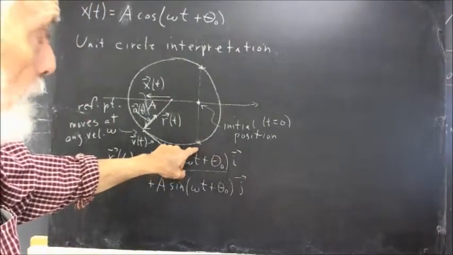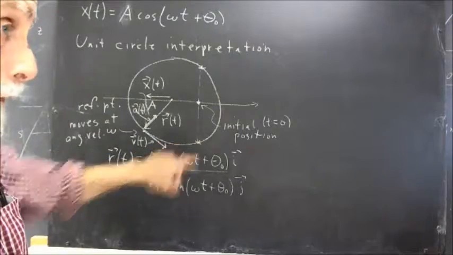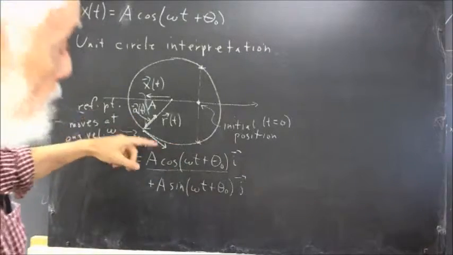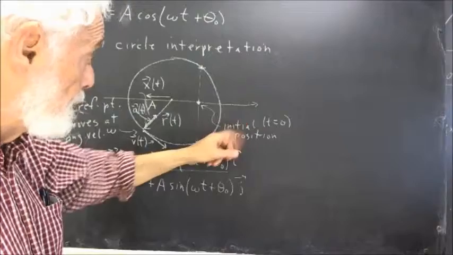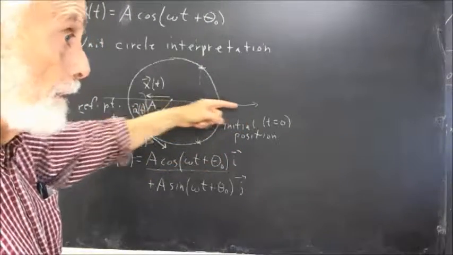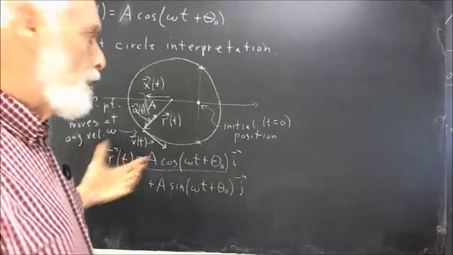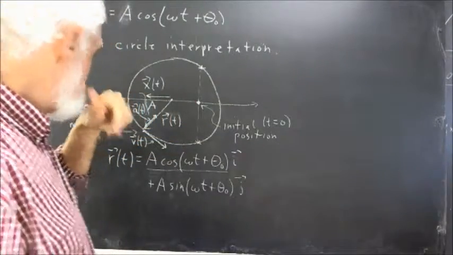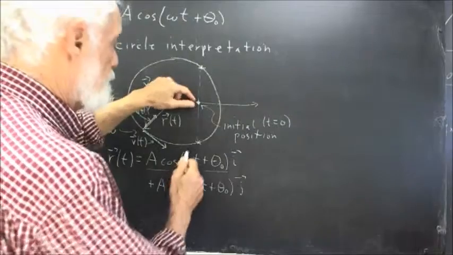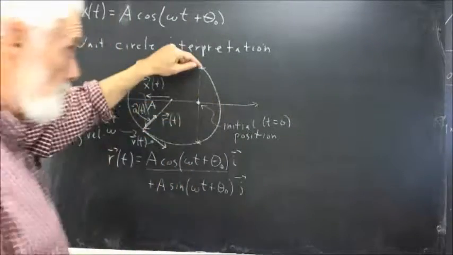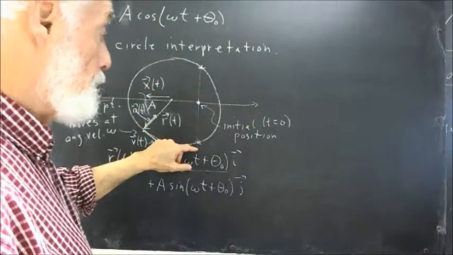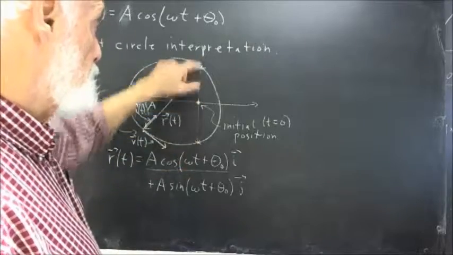If this is the initial point on the reference circle, then the velocity vector is going to be in this direction, and the object will be moving in this direction at the initial instant. So if this is the initial position, we're either going to have an initial velocity in this direction or this direction, depending on whether the point on the reference circle is initially here or here.